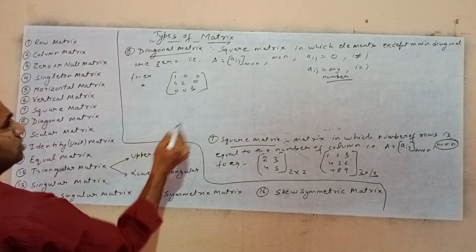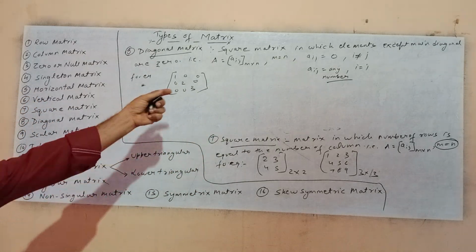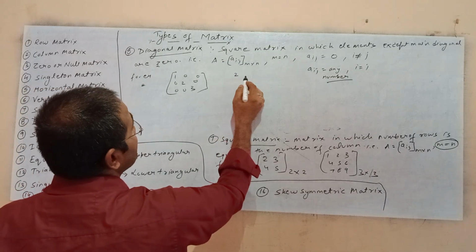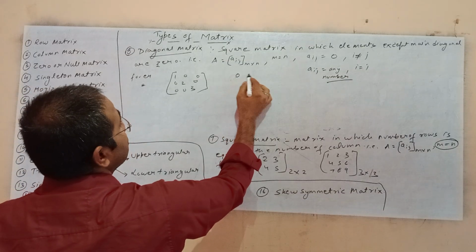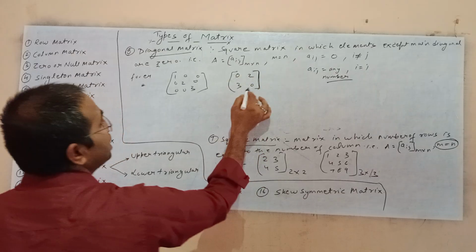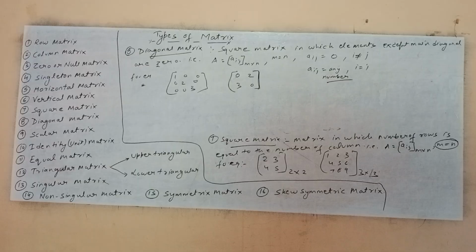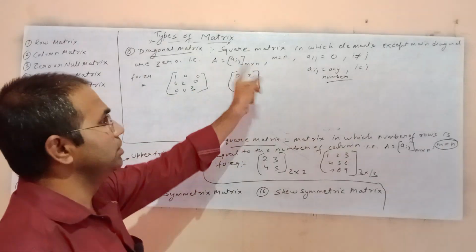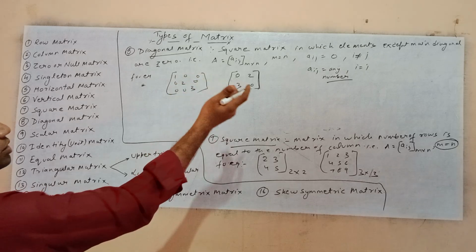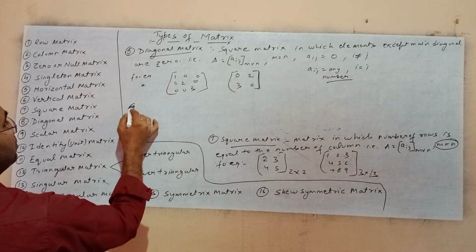See here. Okay, so this is the form of a diagonal matrix. Or you can write 0, 2, 3, 0. This is also a diagonal matrix. In the main diagonal, 0 can be there and the remaining elements are any number.